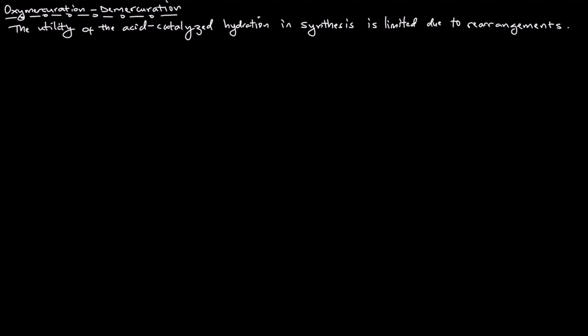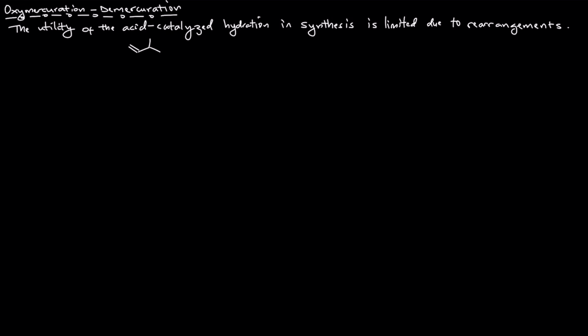Okay, so let's think about the acid-catalyzed hydration a little bit further. Note that just like your hydrohalogenation reaction, the hydration reaction occurs via the formation of a carbocation. And once you have carbocations, remember that rearrangements can always occur.